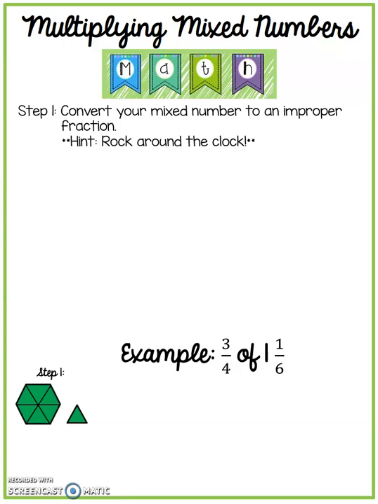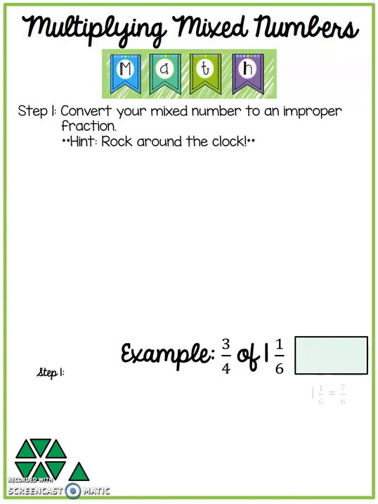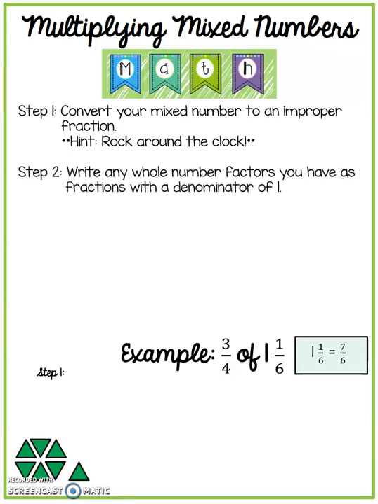And what I need to do is break up that hexagon into 6 individual pieces. Then, since I didn't have just the one hexagon, I had 1 and 1/6, I also need to remember that I still have that one extra triangle, which tells me that 1 and 1/6 is exactly the same as the improper fraction 7/6.